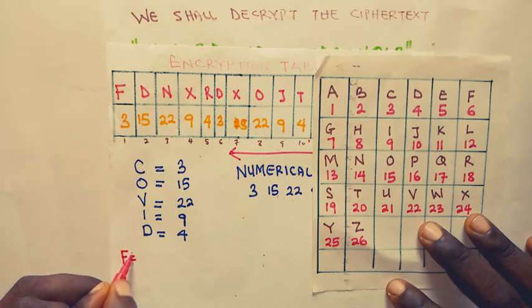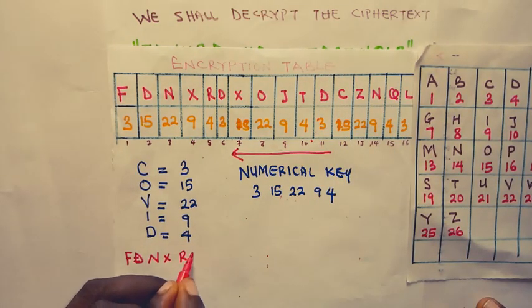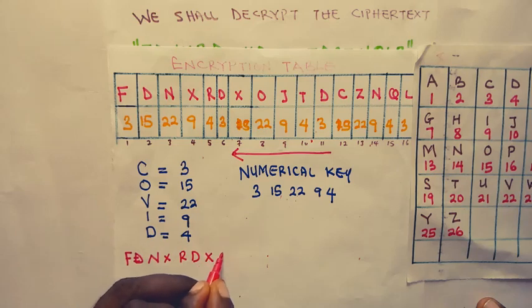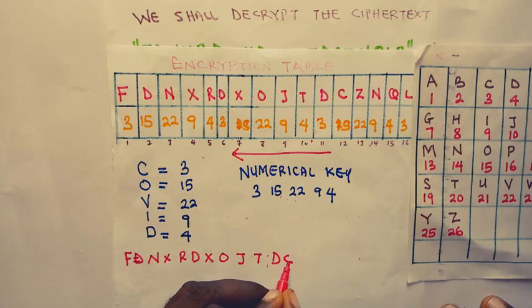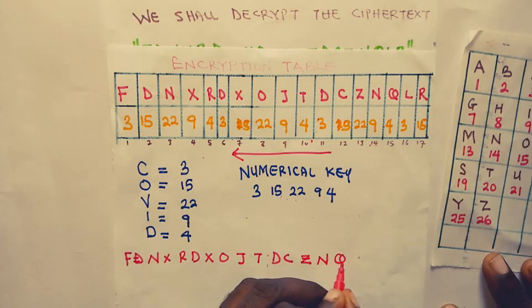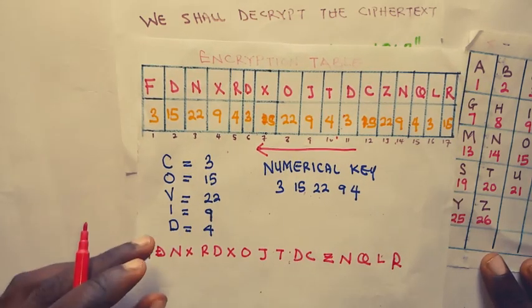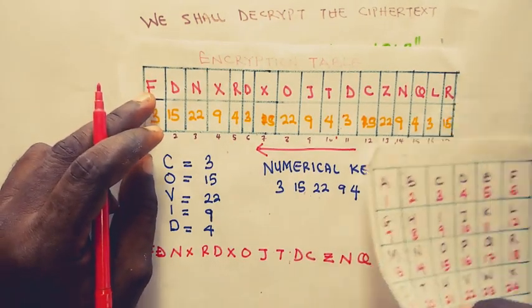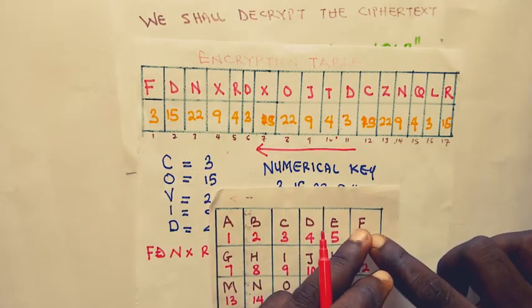Let me say F D N X R D X O J T D C Z N Q L R. Then I look at letter F on my value table, and I have 3 on that.